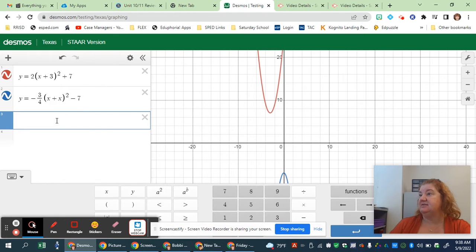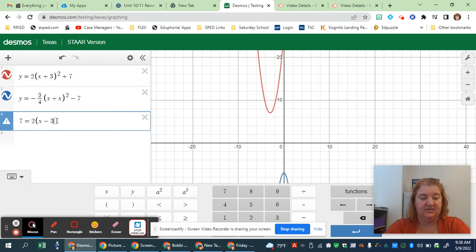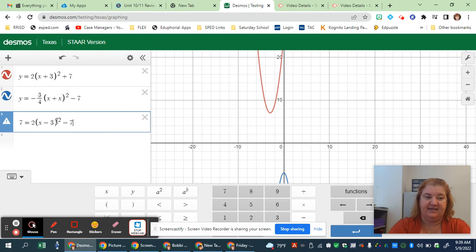And then our next one is y equals 2x minus 3 squared minus 7. I didn't do y equals. I did 7 for some strange reason. Y equals.